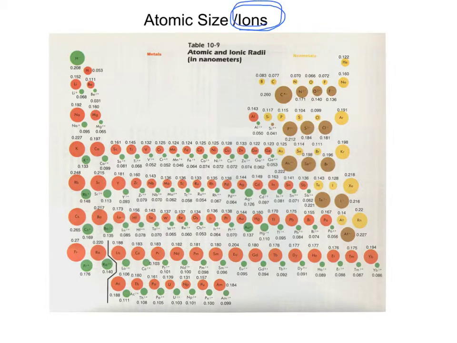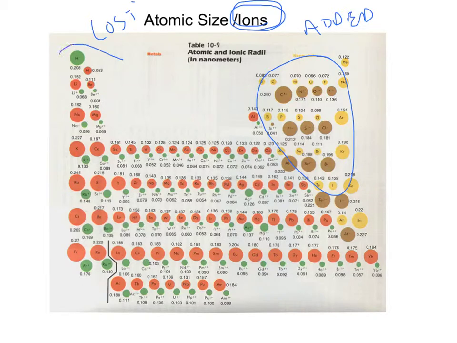Ions means we've either gained, we've added an electron, and the ones that add electrons are over here, okay? Or we've lost an electron. And if we've lost an electron, we're over here. So let's take a look here at hydrogen.